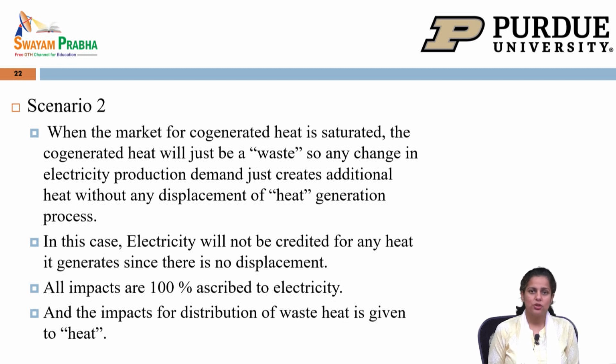In this case, your electricity will not be credited for any heat co-generated since there is no displacement. All impacts of that process, 100%, are attributed to electricity generation, and the impacts for distribution of waste heat are given to heat, because it is not being used anywhere.